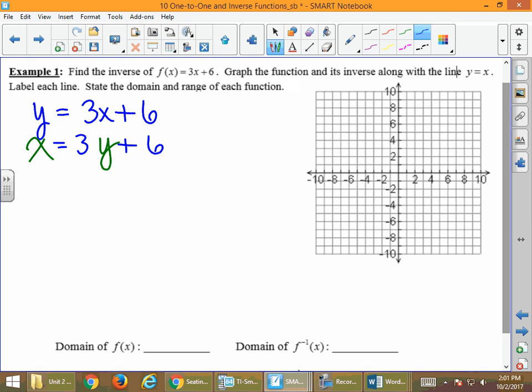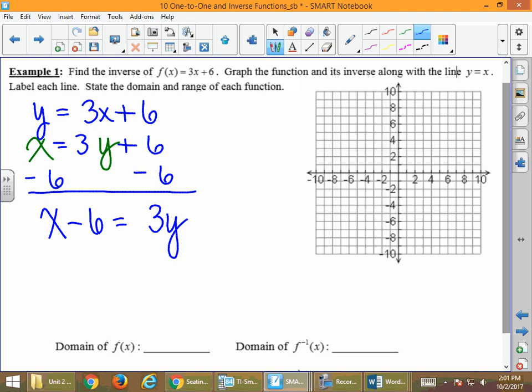Third step. Solve for y. So we're going to subtract 6 on both sides. We'll get x minus 6 equals 3y. And then we're going to divide everything by 3.